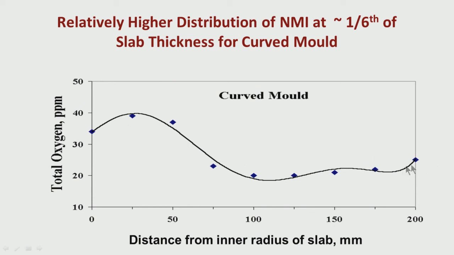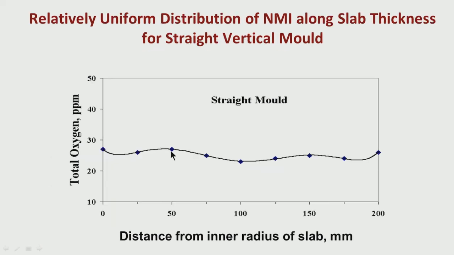The other surface, which corresponds to the outer radius, will have relatively fewer defects. This has more defects. Here, when you roll it to lower and lower thicknesses, defects will be getting exposed uniformly at both the surfaces.